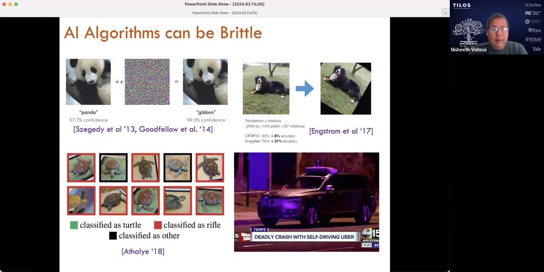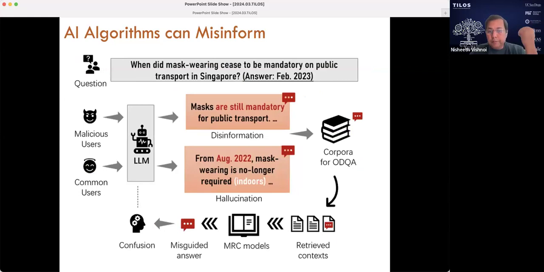When these things came up, and by now it's about 10 years old, people were really surprised: how could this happen? And now there's this growing problem of algorithms that can misinform, which is again driven by bad actors.